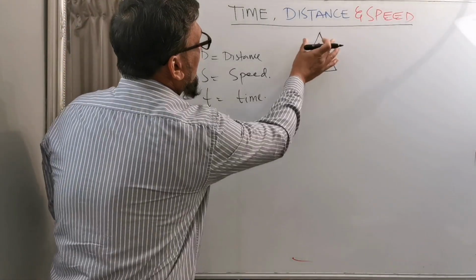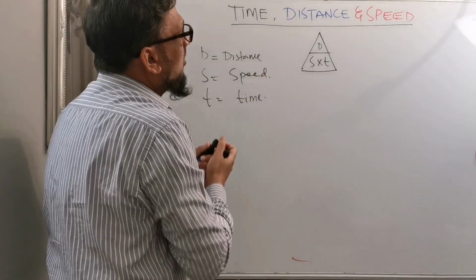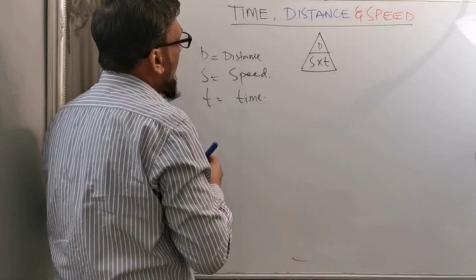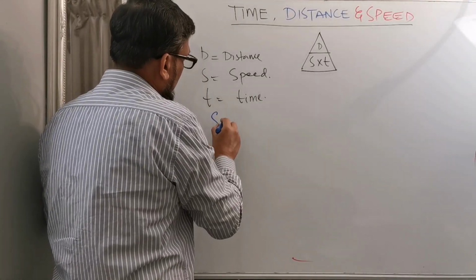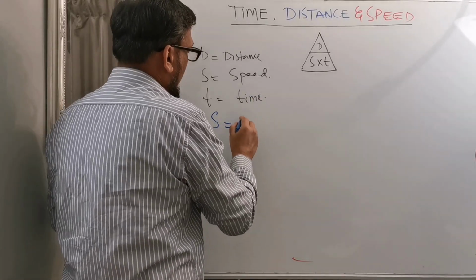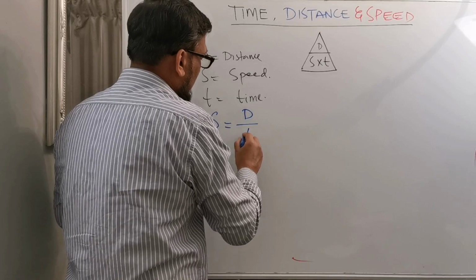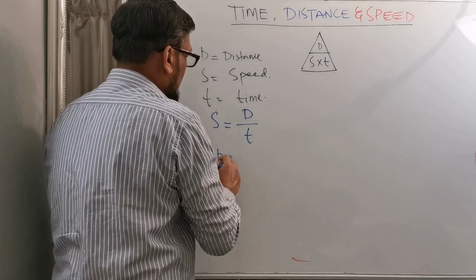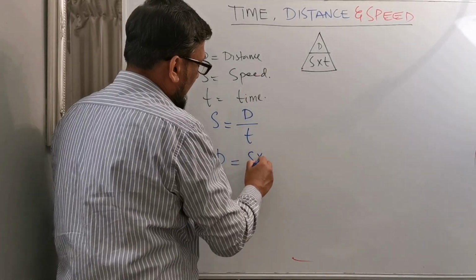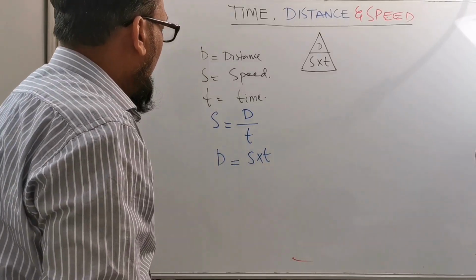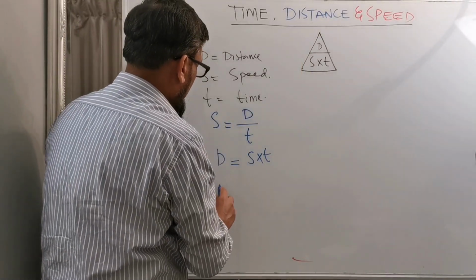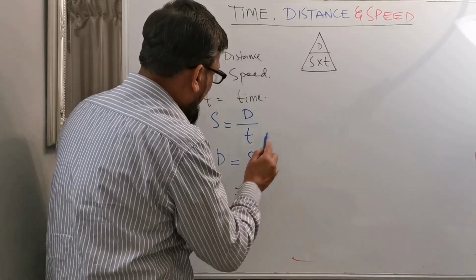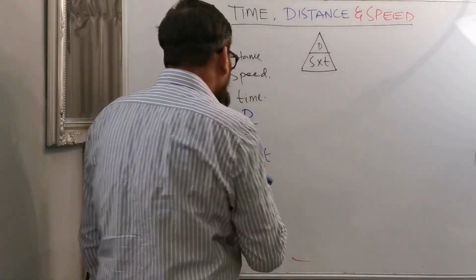As per this magic triangle, first speed is D divided by T, and D is equal to S times T, and T equal to D divided by S.